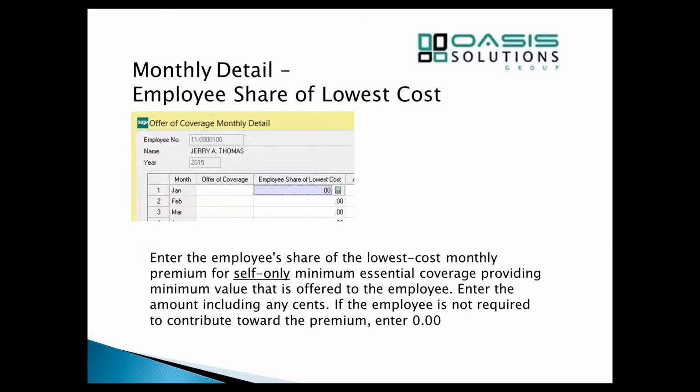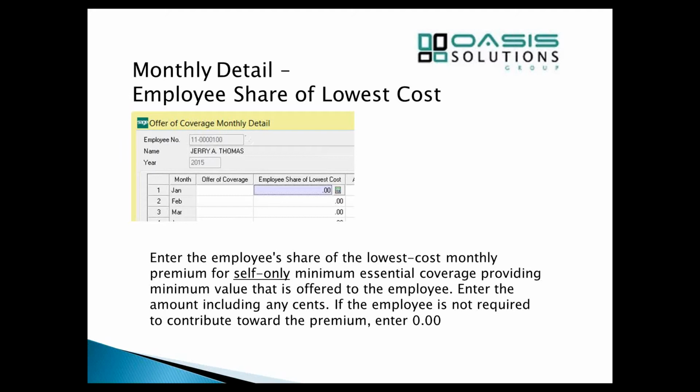The next column is the employee share of lowest cost. This is the employee's share of the lowest cost monthly premium for self-only minimum essential coverage that provides the minimum value that is offered to that employee.